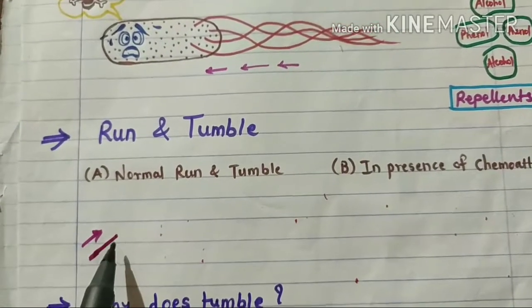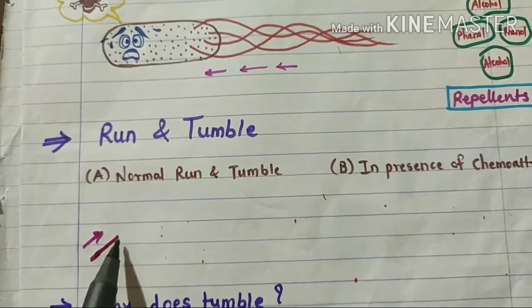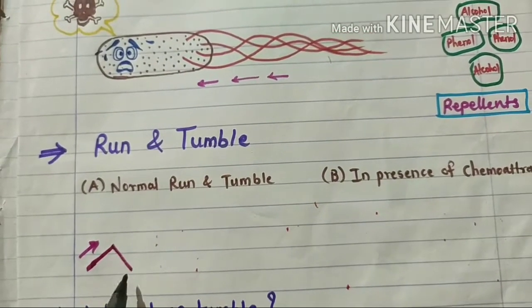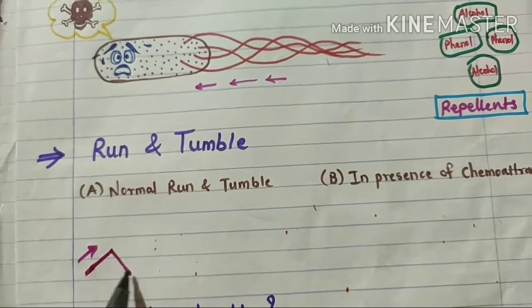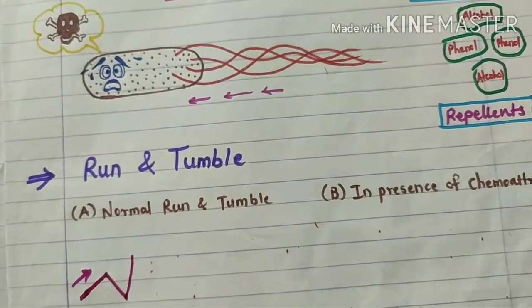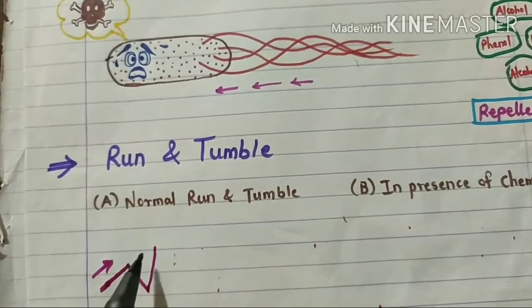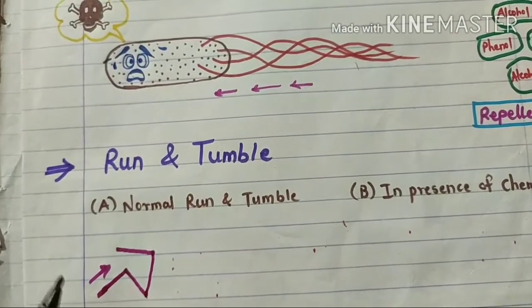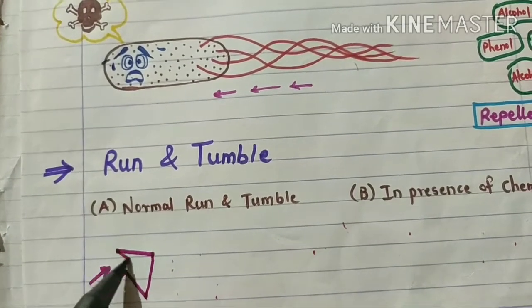Suppose that random change is in this direction. So now the cell will move in this direction. After a few seconds it will change its direction again, and it will move in a random direction. Again after some time it will move in a different direction. Again it will move in a different direction.